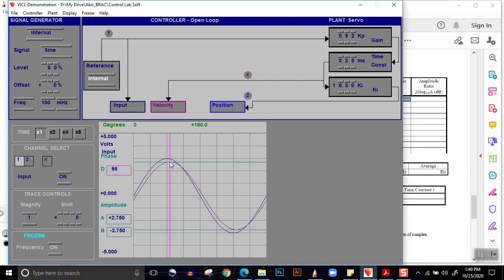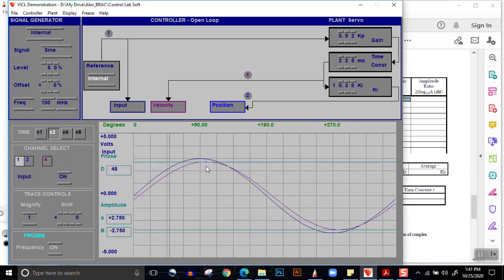Now it is to be noted that the peak of the input wave was actually at 90 degrees and the peak of the output wave is, as you can see, 98 or 99 degrees, wherever you put it. So it's not 99, it's actually somewhere in between, around 98 degrees.